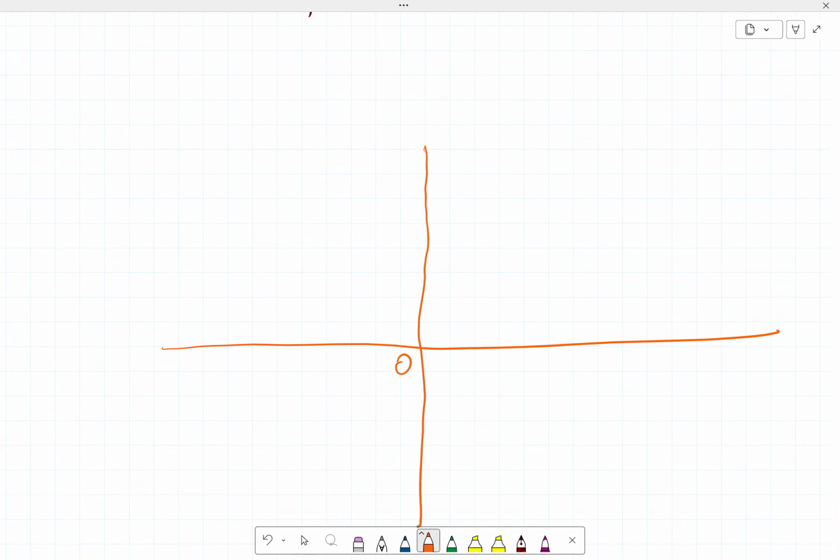And then we have, let's say this is 2, 4, 6, 8. So this also 2, 4, 6, 8. (3, 2) means both x and y are positive.